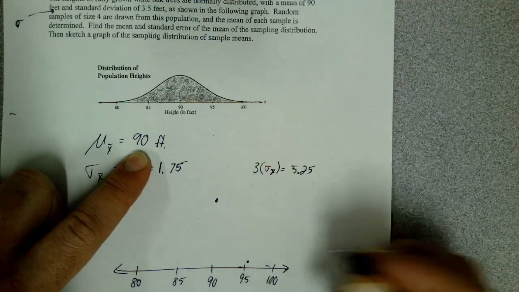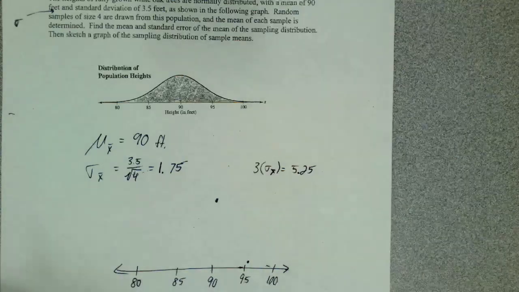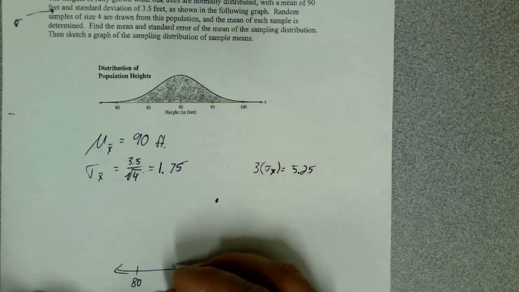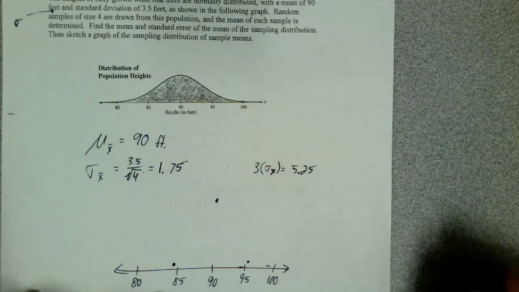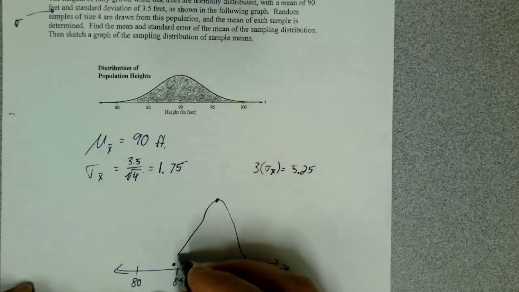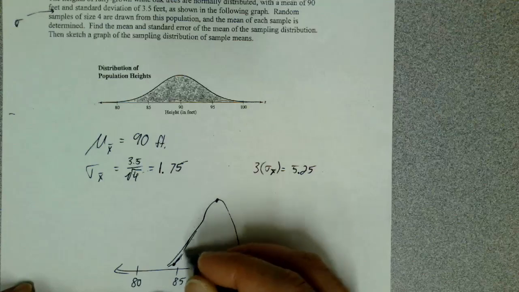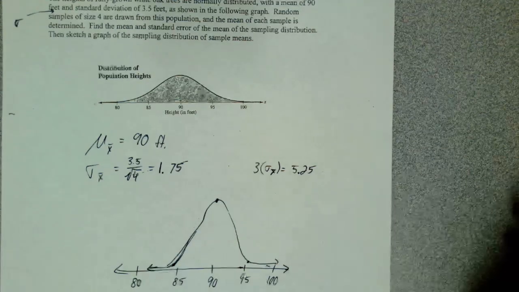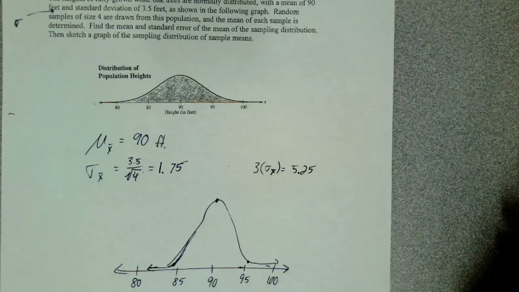So just barely past that 95 mark. And then 90 minus 5.25 is going to be 84.75, so just past that 85 mark as well. So fit that in there. Ooh, missed a little bit. Going through there. And you got your graph. You're good. Cool. All right, that's example 1.